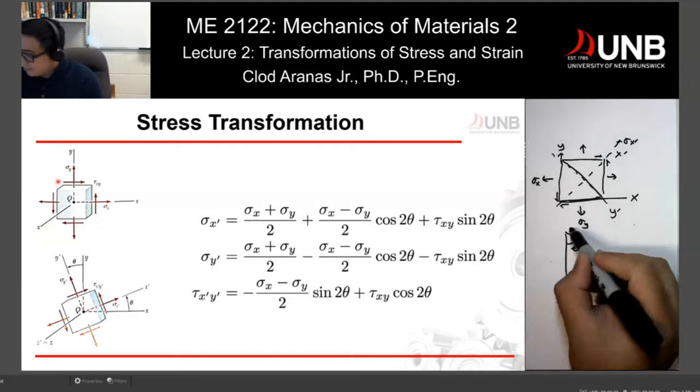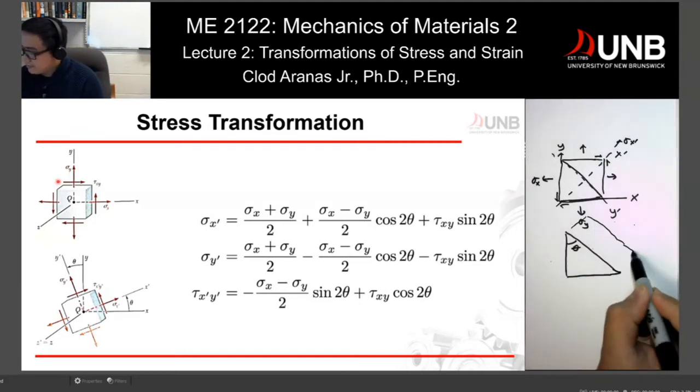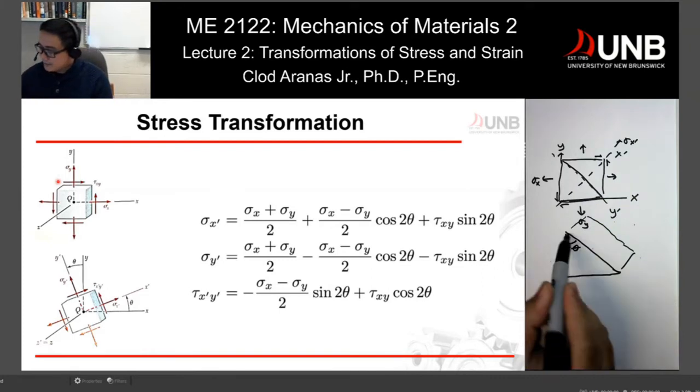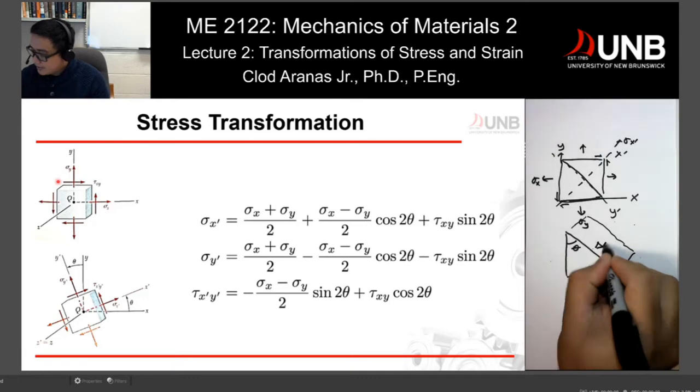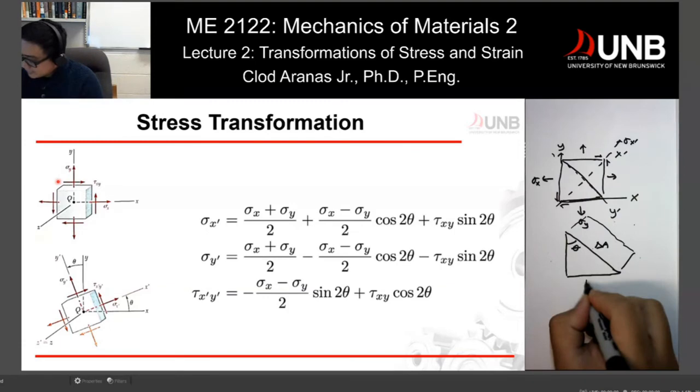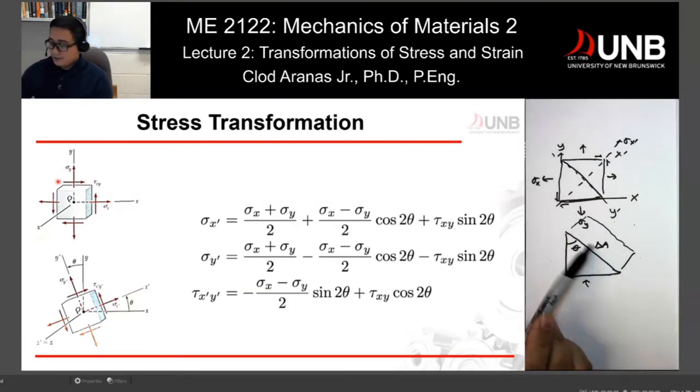So in reality, what we took is really part of your cube that has a certain area. We can assume that this area right here would be the delta A.